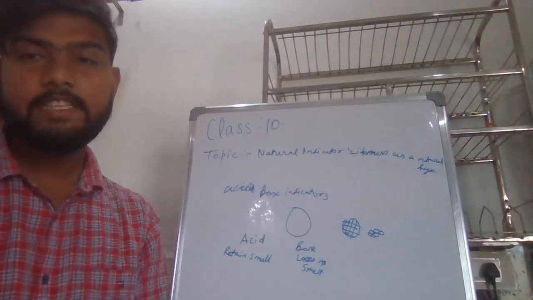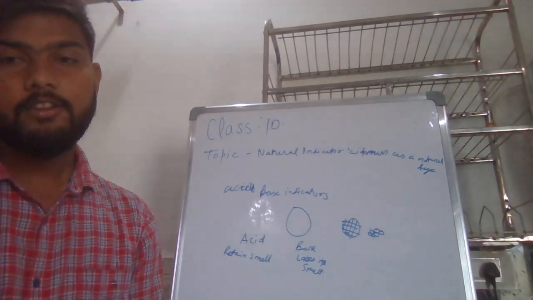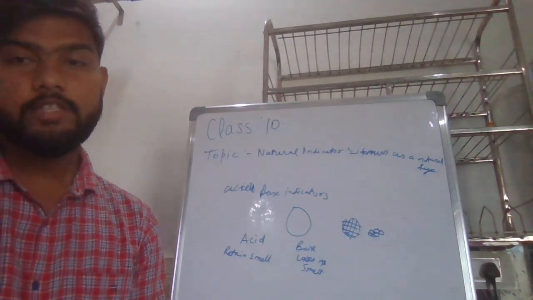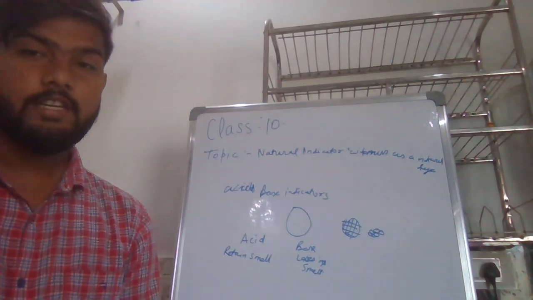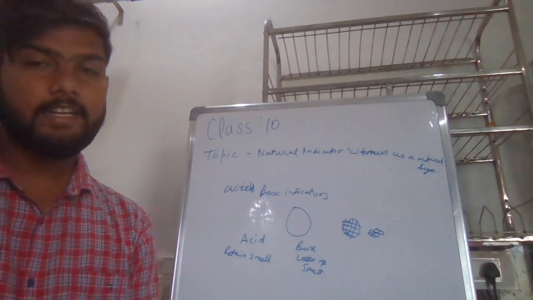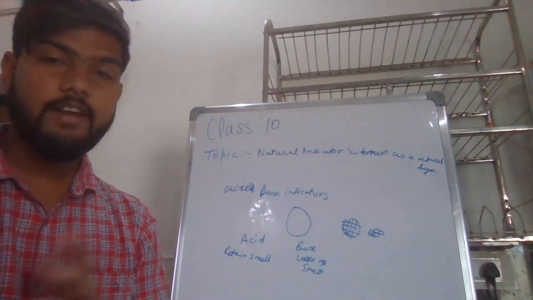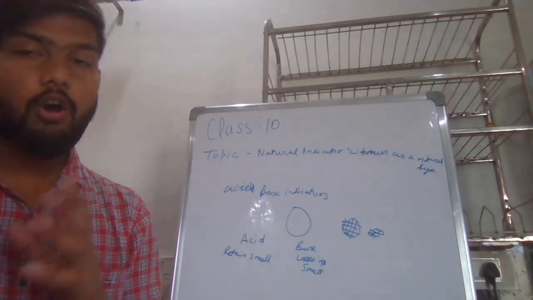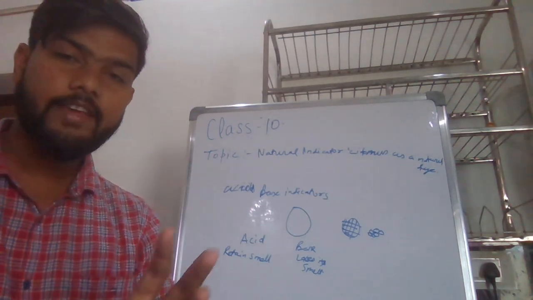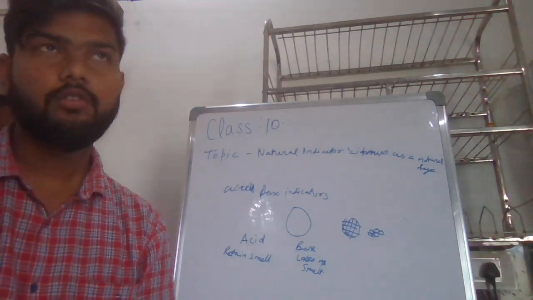Okay, so this type of indicator is used in the laboratory to check whether a given solution is basic or acidic, by a process known as olfactory titration. Olfactory indicators have a characteristic odor.